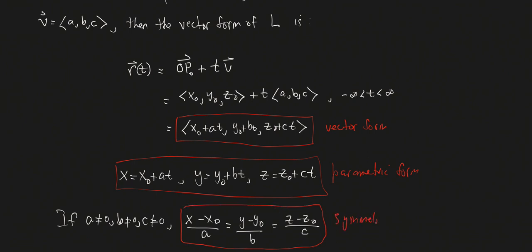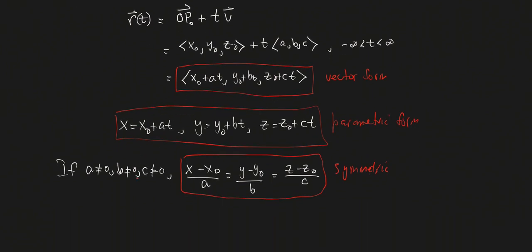We saw these three forms in the two-dimensional case. In 2D, we have other forms, but those depend on the quantity that we call a slope. We really don't have the concept of a slope once you get to 3 dimensions or higher. So that's why we rely exclusively on these forms that depend on the vector.